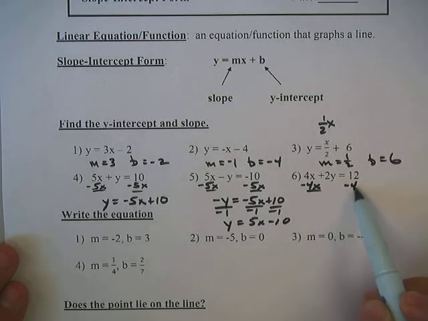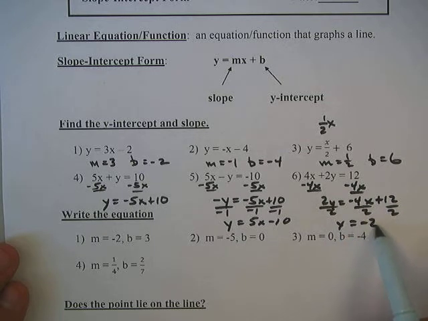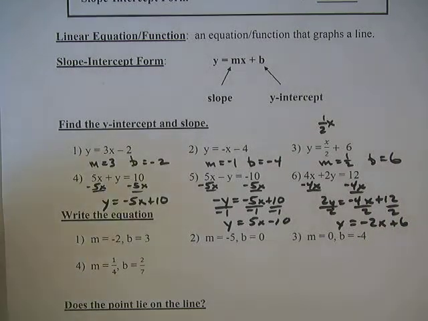Last but not least, this one I would subtract 4x. So I'd get 2y equals negative 4x plus 12, and then I divide by 2. So I get y equals negative 2x plus 6. So my slope would be negative 2, and my y-intercept would be 6.